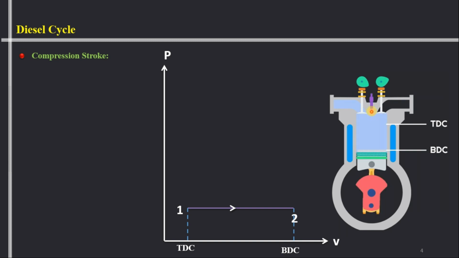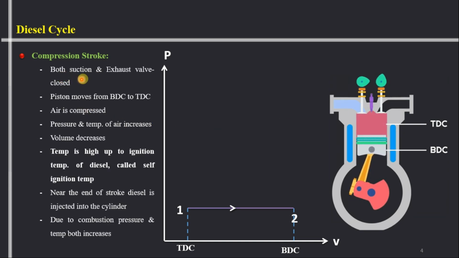We are injecting the fuel with the help of a nozzle so that the fuel gets atomized, so it will be easy to ignite the fuel and burning will be efficient. So we are using a nozzle to spray the fuel inside the cylinder.